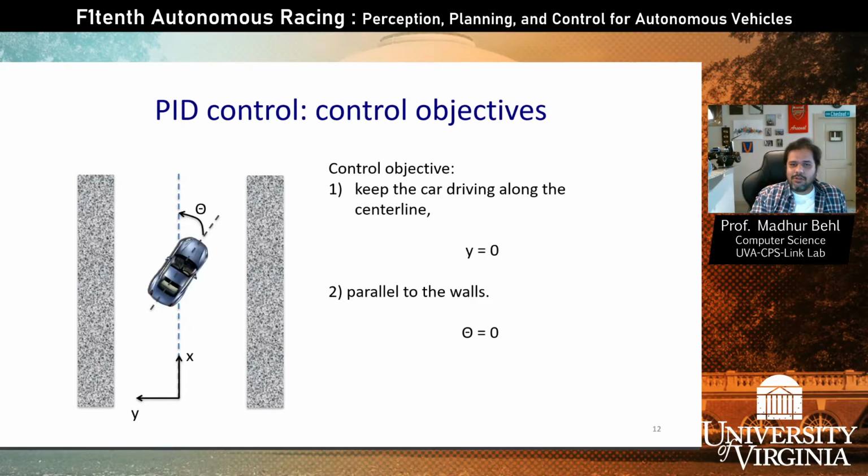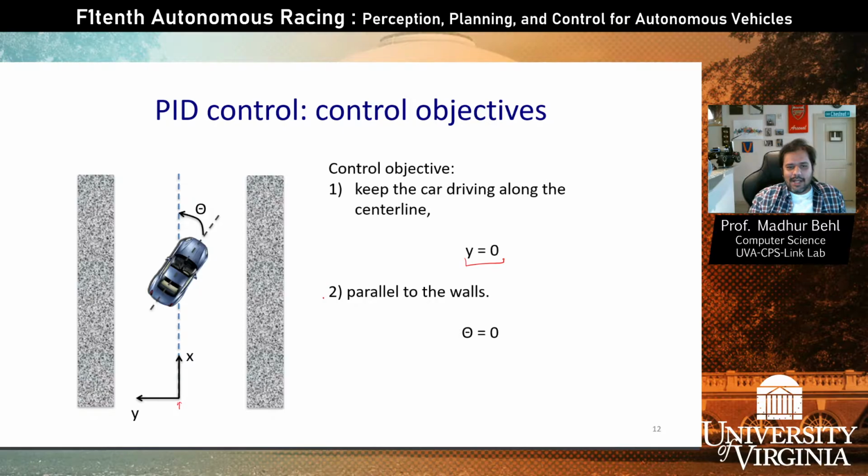And so what we are trying to do is, in a little bit more detail, let's assume that we have the axis X and Y, which is aligned with the center line. And so this requirement to keep the car driving along the center line can be just expressed as that we want Y to be 0. That's right? So if Y is 0, that means you are on the X-axis.